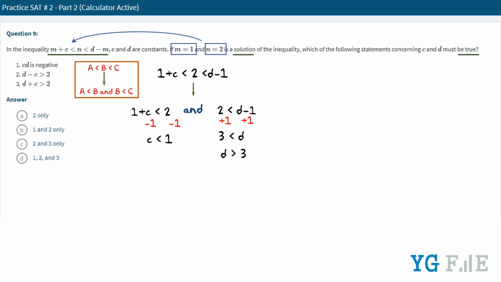The second statement says that d minus c is greater than 2. So this inequality actually combines our two inequalities from before. To combine two inequalities, remember that we can add two inequalities if they have the same sign. In other words, if we have a is greater than b and c is greater than d, then if we add these two inequalities, we will have a plus c is greater than b plus d.